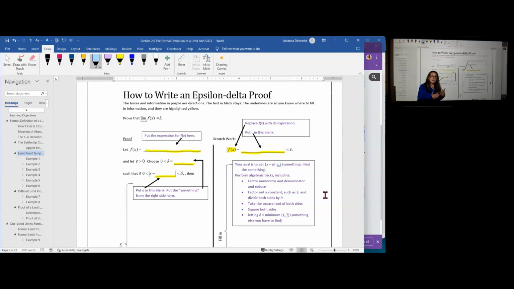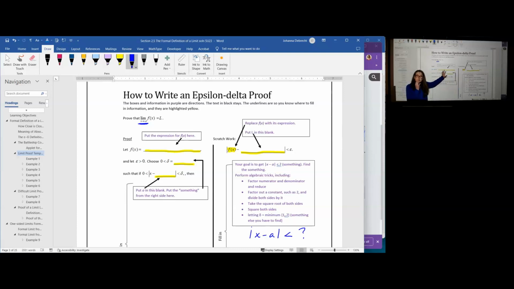I apply some kind of algebraic rules so that when I'm done, I end up with x minus a less than something. That's my goal. My goal at the bottom is to have x minus a, what the value is getting close to in the limit, less than something. And the something probably has epsilon in it.